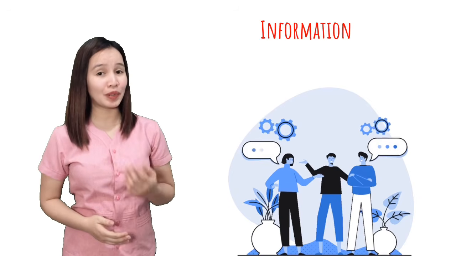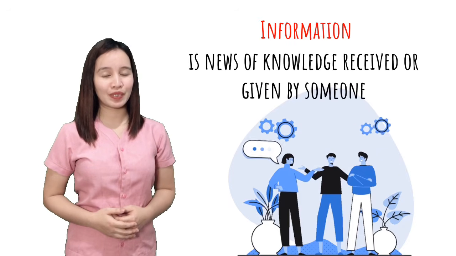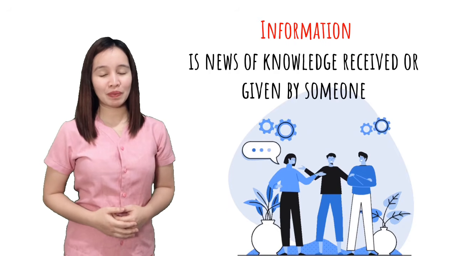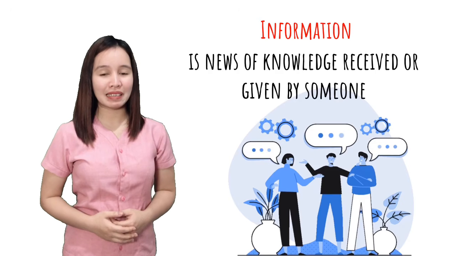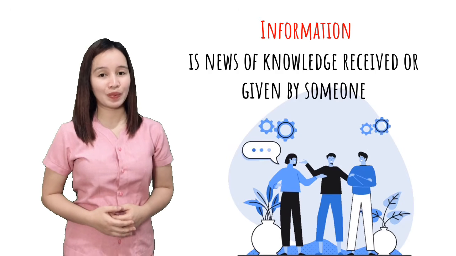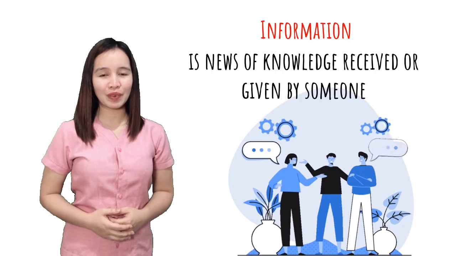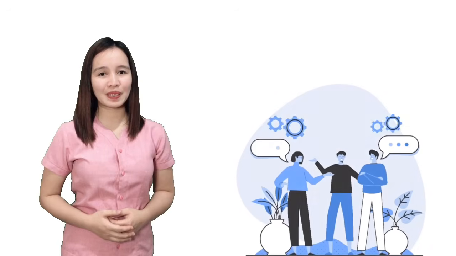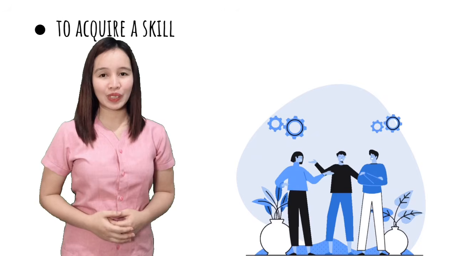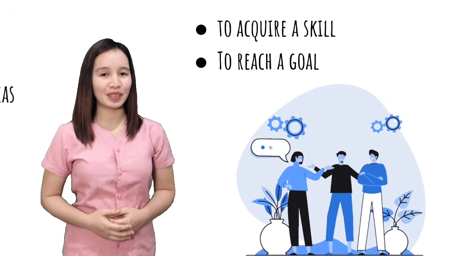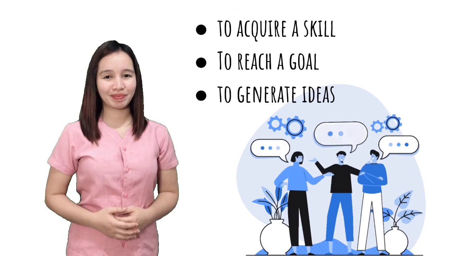Information is news or knowledge received or given by someone. People use information to seek meanings in a variety of situations. Sometimes they use information to acquire a skill or reach a goal. Oftentimes, it is used to generate ideas.